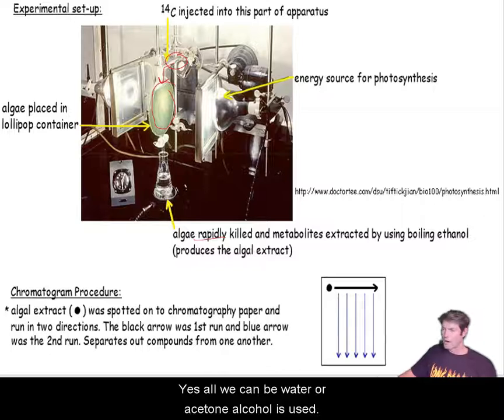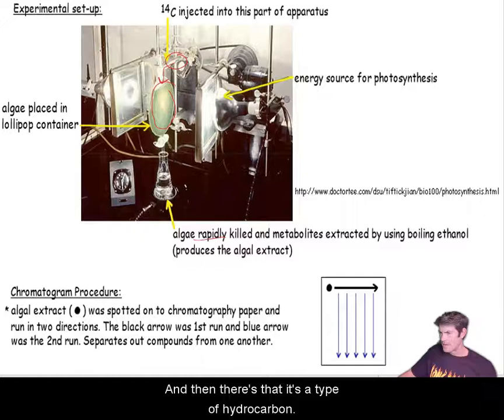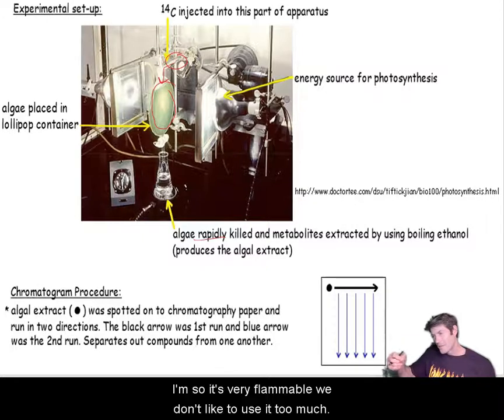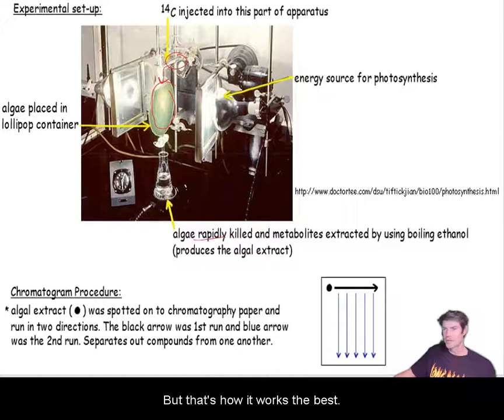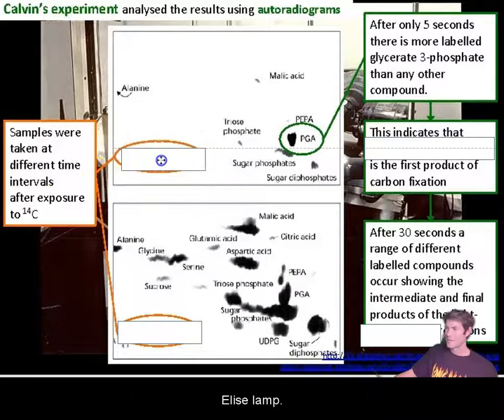Solvent can be water, acetone, alcohol is used, and then it's a type of hydrocarbon. It's a little more refined than gasoline, so it's very flammable. We don't like to use it too much, but that stuff works the best. But we don't want to light it on fire. Gasoline, that stuff is really flammable.